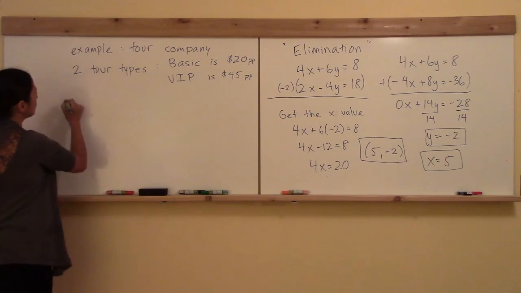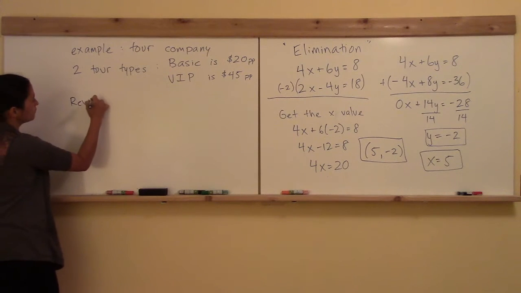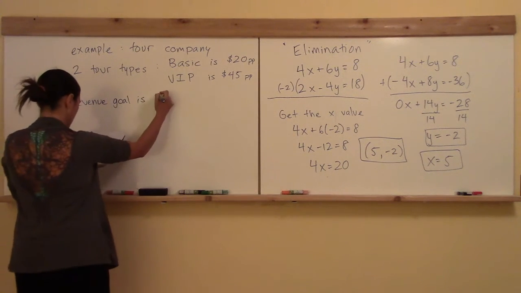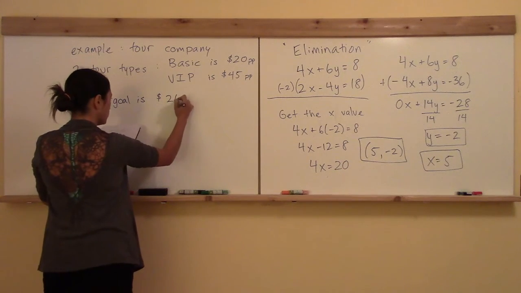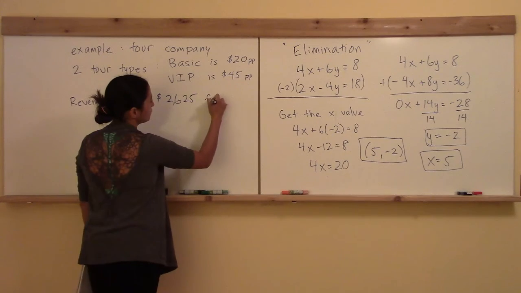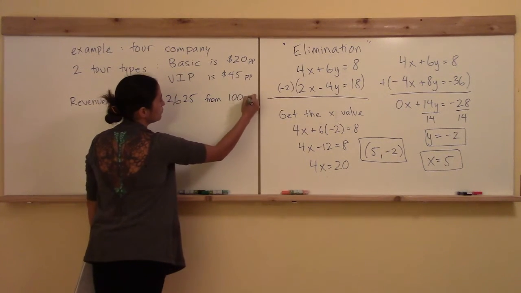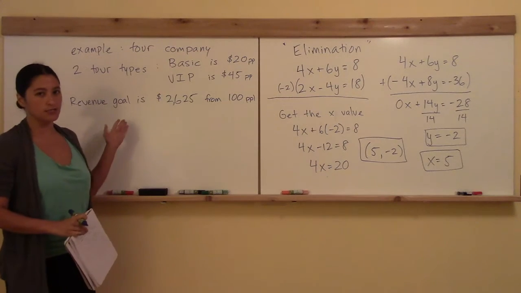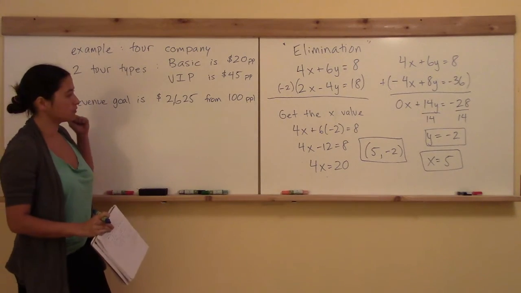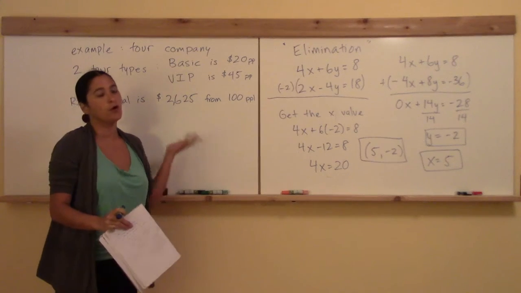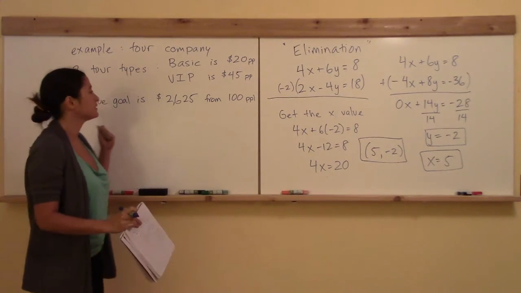And then we have a goal here. The goal for our revenue is to make, let's say, $2,625 from 100 people. Okay? So these are per person rates, and let's say that I can afford with my staffing to give tours all together to 100 people, depending on what tour they pick, doesn't matter.